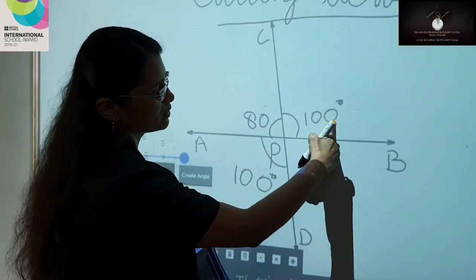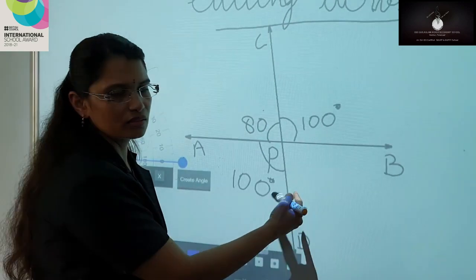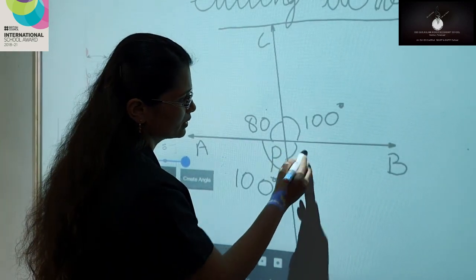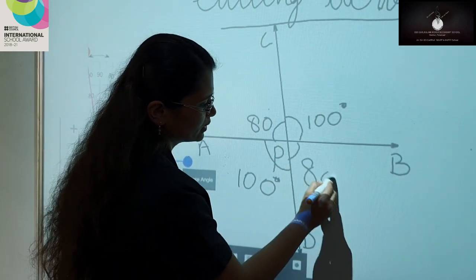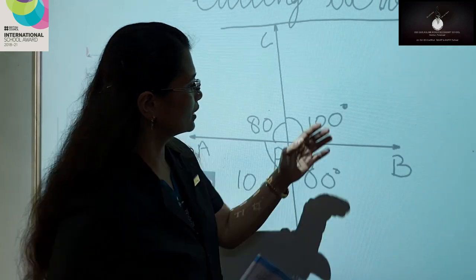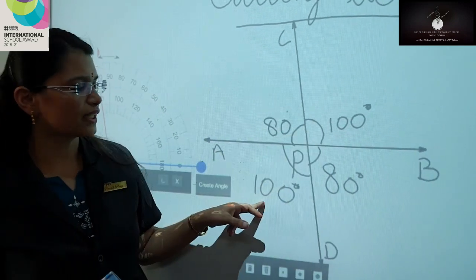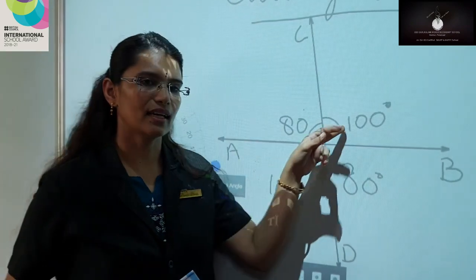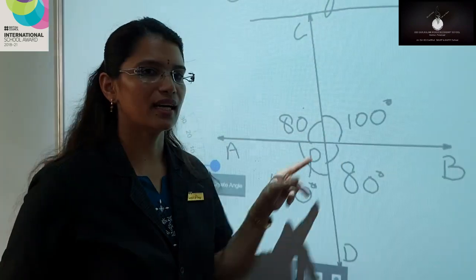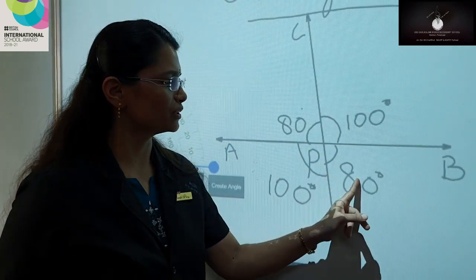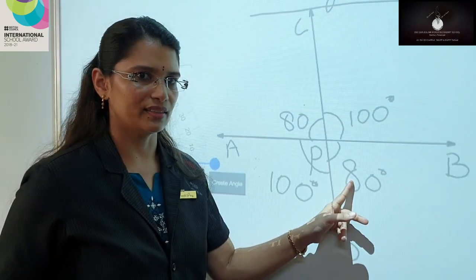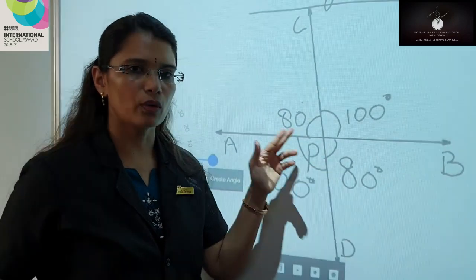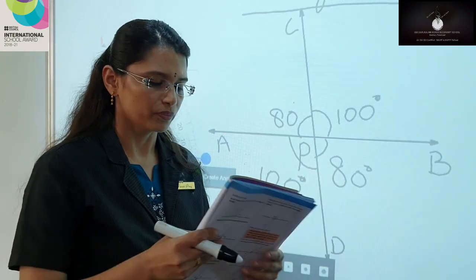So here it is 100, and what about this? Again 180 minus 100 is equal to 80. So look at this, opposite angles are equal, that is 100 degree. These two opposite angles are 80. This is one important property also.